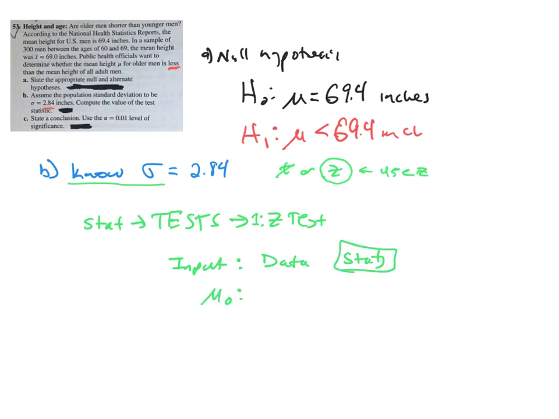Our null hypothesis goes in the mu, that's our 69.4. The population standard deviation, we know in this case, is 2.84.